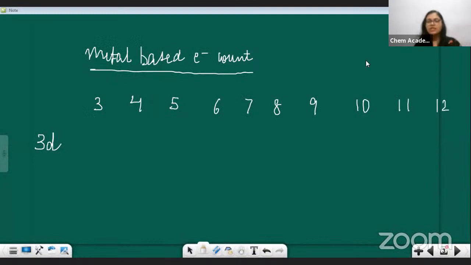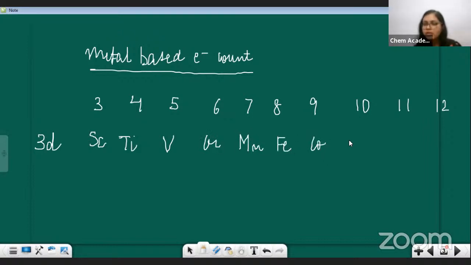Okay, there was some glitch. Now, how can you do it? See, scandium, titanium, vanadium, chromium, manganese, iron, cobalt, nickel, copper, and zinc. This is the 3d series.